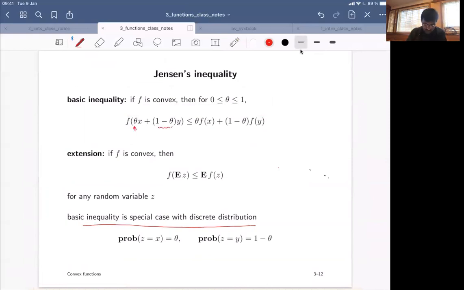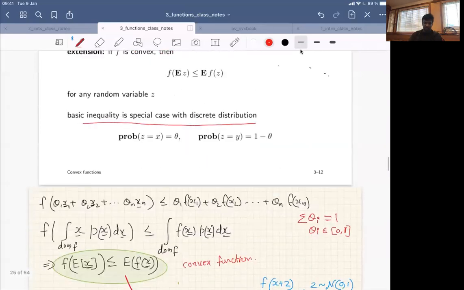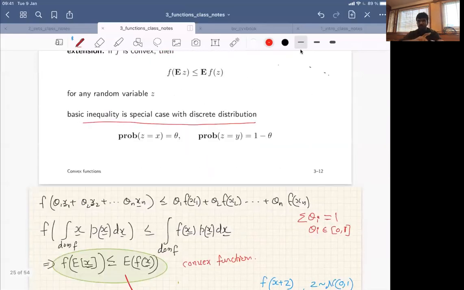So what is this? This will be the expectation, or average. So we can write this as f of the expectation of x less than or equal to, this is the average of the function values. So this is the expectation of f of x. So from this definition of convexity, you can easily get Jensen's inequality. Yes, maybe it's a good point to stop.